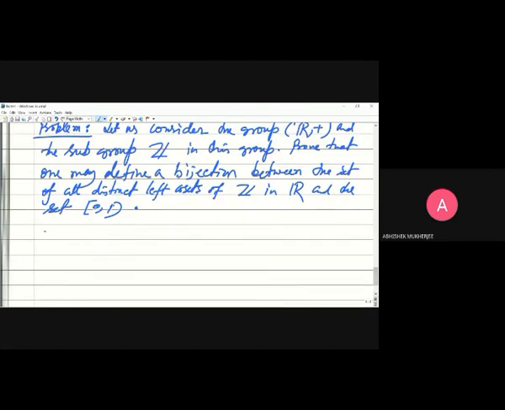Now, one corollary of Lagrange's theorem is this: let G be a finite group.